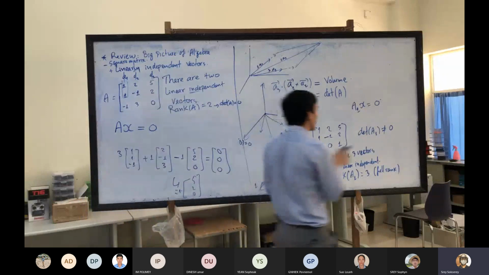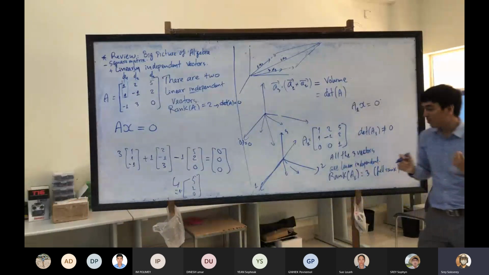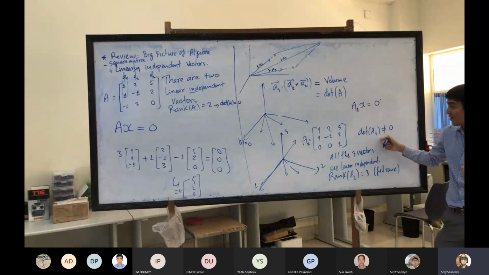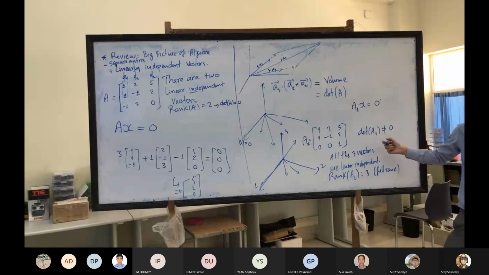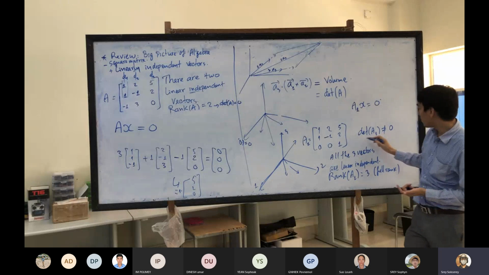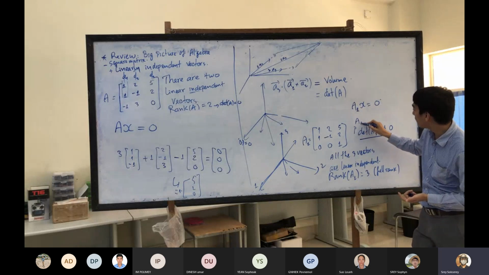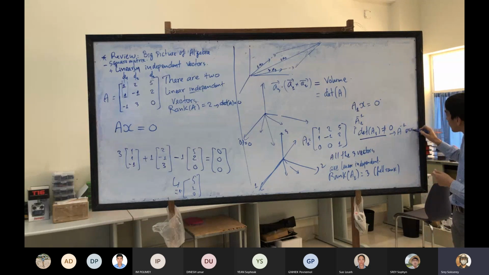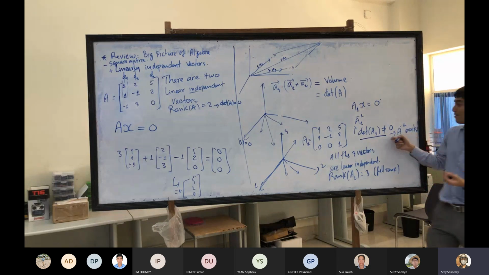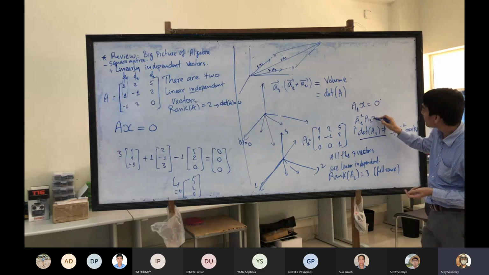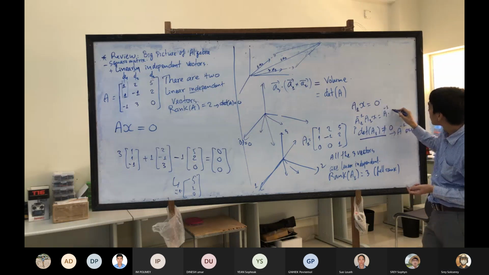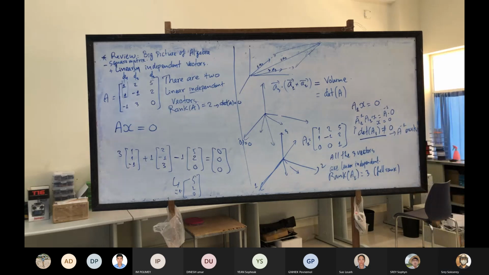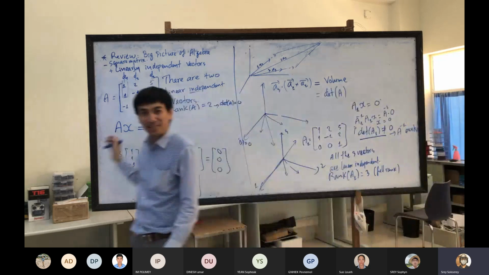Now you see the nice property again: if the determinant of A is not 0, then we can find the inverse. Because of this, we can find A inverse. So A inverse exists for this one. If A inverse exists, we just multiply like this, then you get x equal to 0. That is a unique solution. But in this case, can we find the inverse?